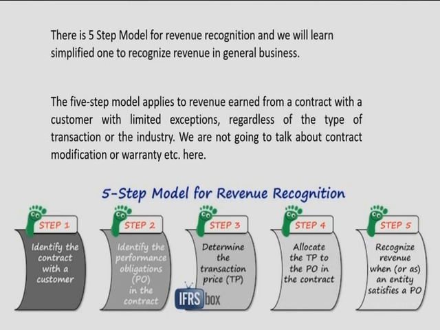So the fifth step says that if the entity performs its performance obligation, then the revenue has to be recognized. Let us discuss this in detail now.